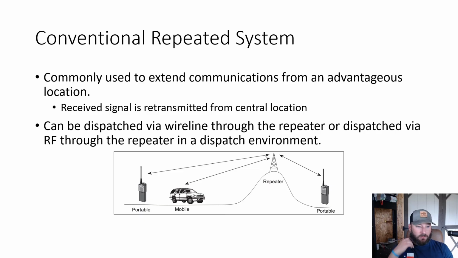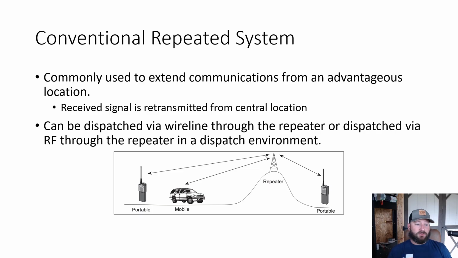As you can see here, we have a setup where we have a repeater up on a hill, and it's providing coverage to two portables and a mobile, with one portable being on the other side of the hill where it wouldn't have traditional direct communication capabilities.